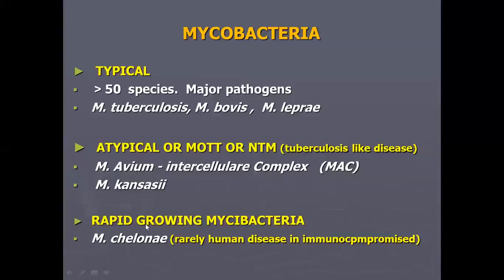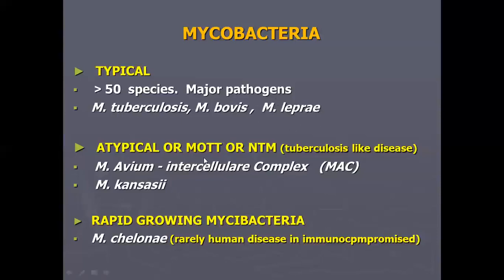Now, the rapid growing mycobacteria, such as Mycobacterium chelonae, cause rare human diseases in immunocompromised individuals and in individuals who have been implanted with catheters or devices. So typical mycobacteria, Mycobacterium tuberculosis and bovis, cause tuberculosis, and leprae causes leprosy.